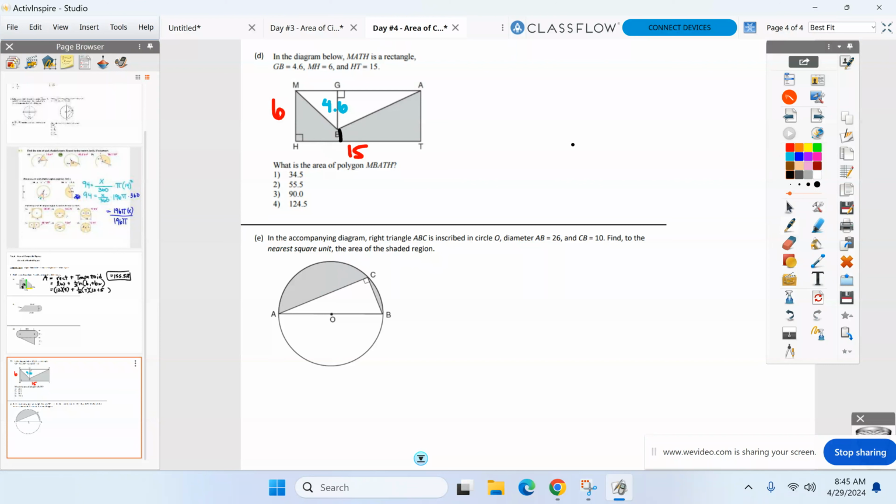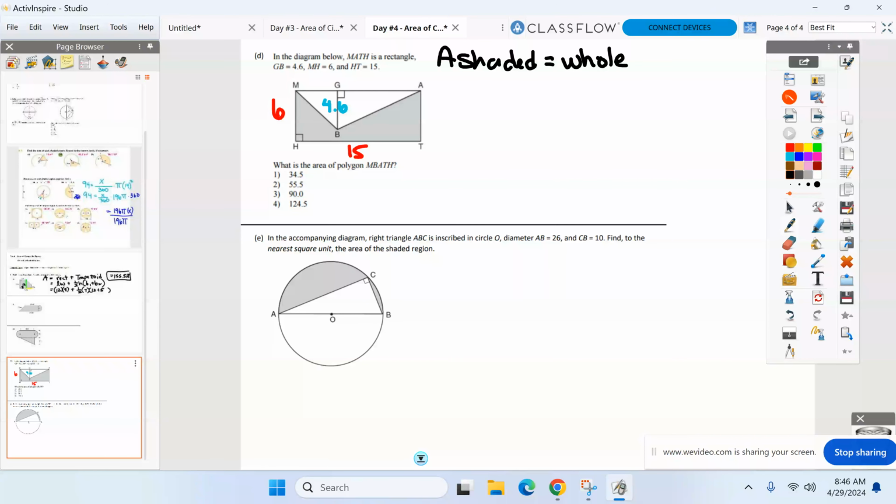All right. Shaded region problem. Here you go. If you want to find the area of any shaded region, some of you probably have done these before in middle school. You take the whole thing, which is a figure we're familiar with, aren't we?